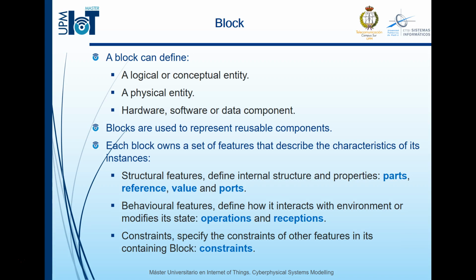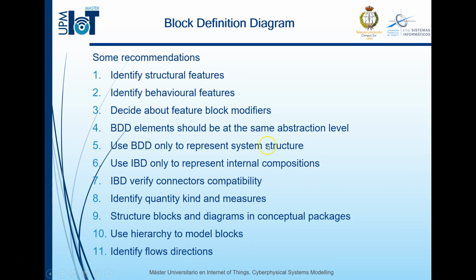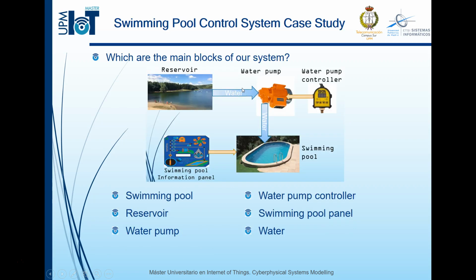And finally, some constraints to adapt or to modify the expected behavior, even to define some rules that must be contained inside the block. Here we also mention some recommendations to start doing these modeling activities. And this was more or less the first approach.